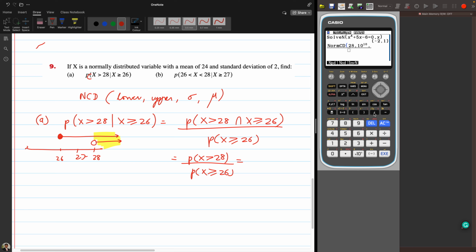So standard deviation is 2 and mean is 24. Close brackets, and then the denominator NCD means I don't have to copy the values. Otherwise I have to copy the values from the calculator to the paper, and from paper again type that in. I don't like doing this. For me time is precious. So lower limit 26, upper limit 10 raised to 10, standard deviation 2, comma 24.